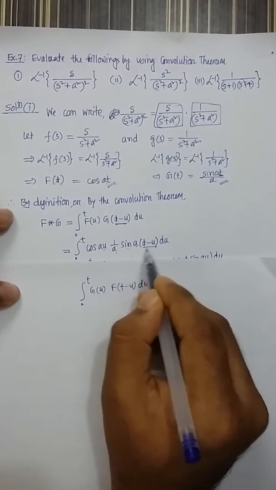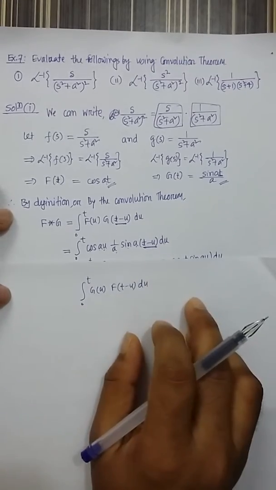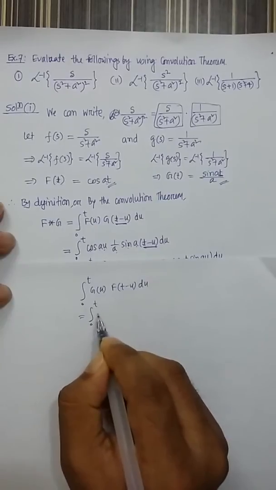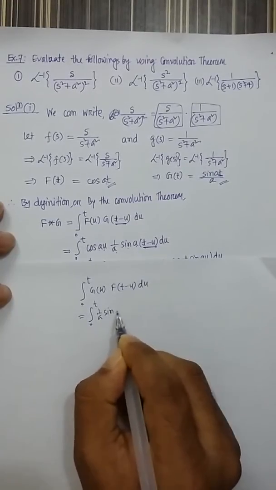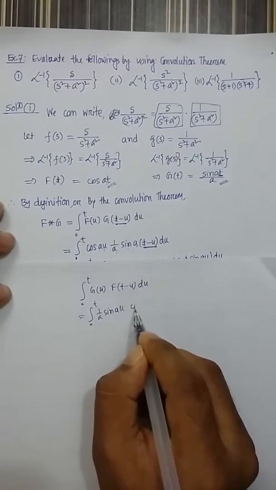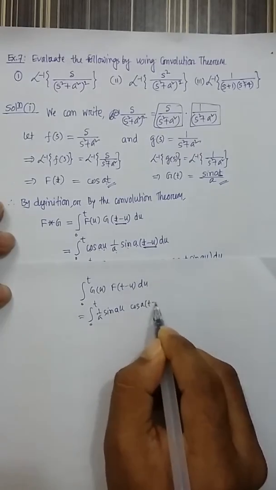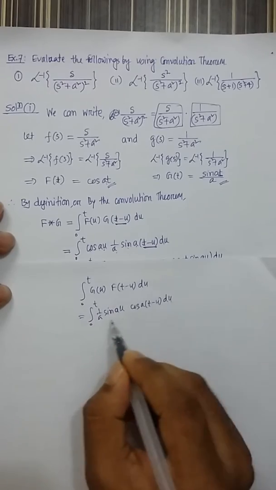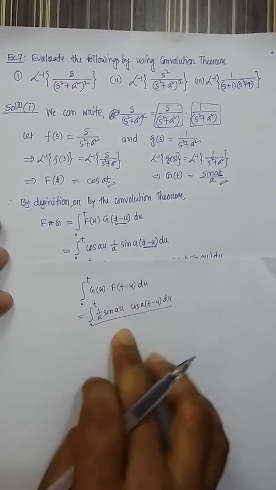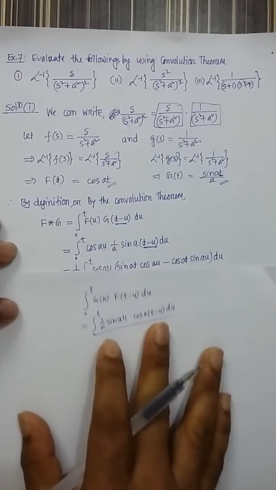So we write the integral from 0 to t of 1 by a sin a of (t minus u) times cos au du. No problem, you can solve by writing it this way.